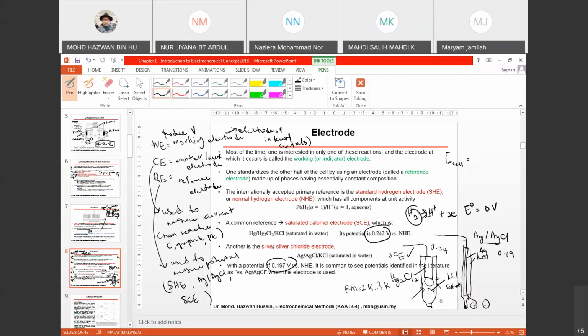As I said, I don't have the picture of the standard hydrogen electrode over here, but later on you can Google the image. For the standard hydrogen electrode, there is a hydrogen inlet that goes into the electrode.